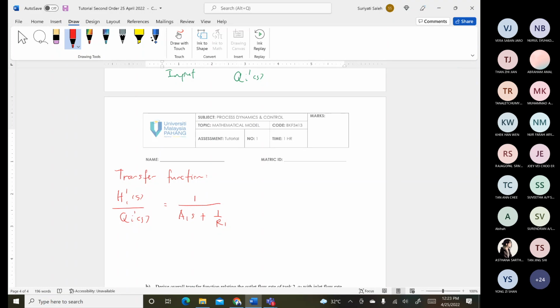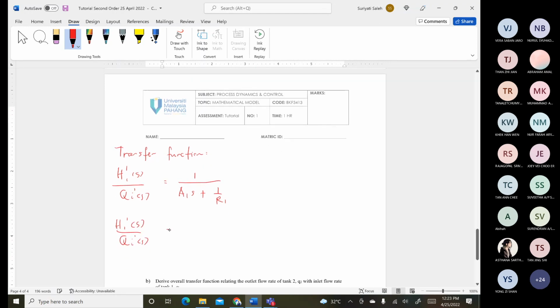So now, here we want to rearrange according to the first order, where we need to obtain the following transfer function. The general form of first order is K over tau S plus 1. So in this case, we want to convert 1 over A1S plus 1 over R1 into first order.